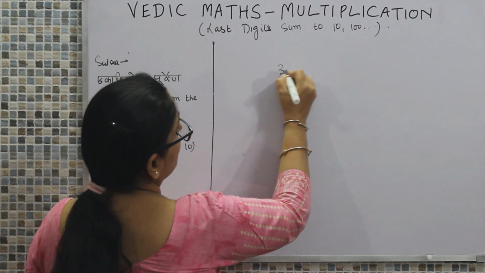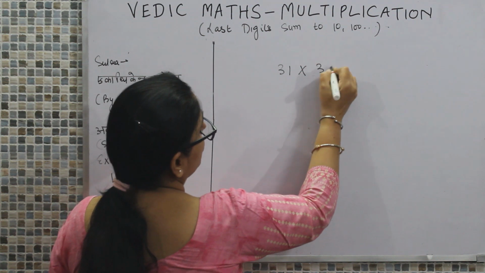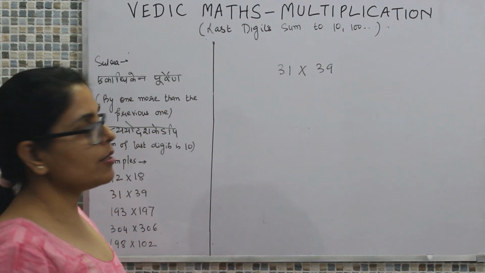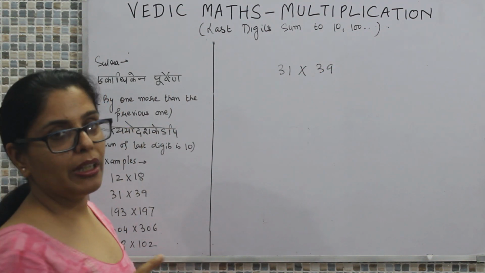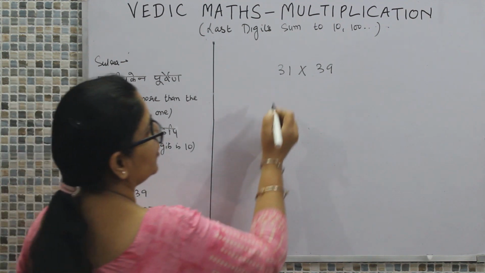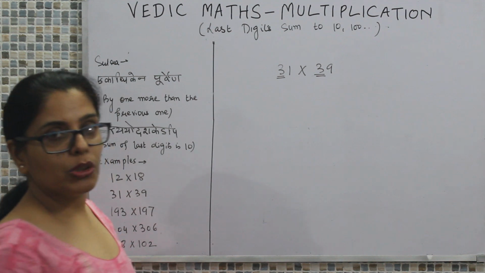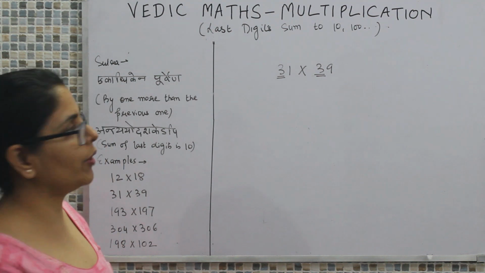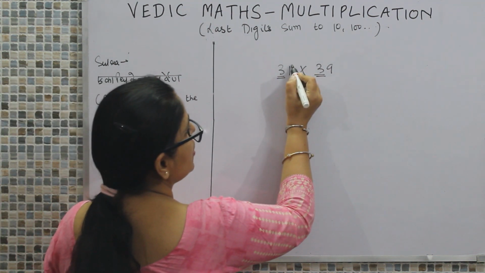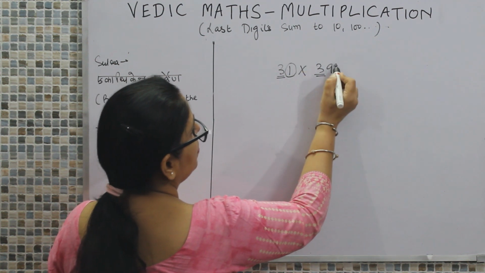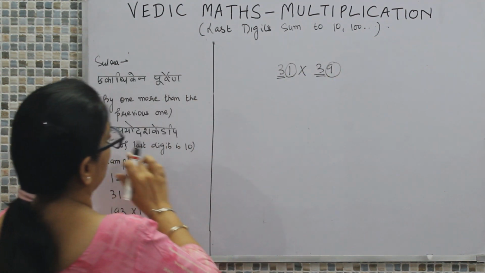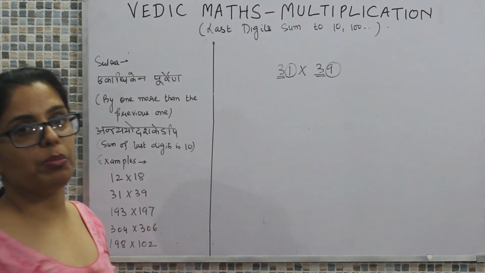That is 31 into 39. Let's identify the implementation of this particular rule. The first is that the digit in the LHS should be the same. So we have 3 for both the values. The second condition says that 1 plus 9, that is the sum of the last digits, should be 10.